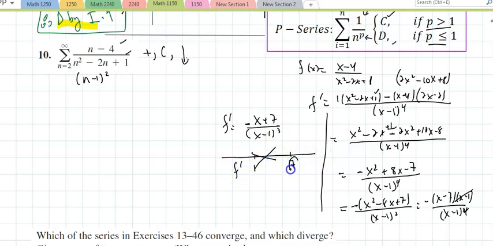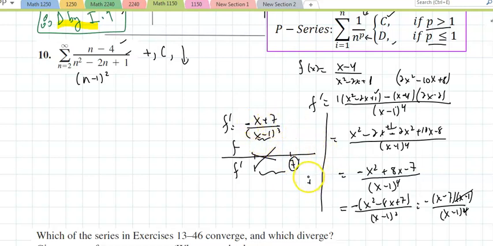I'm going to worry about 7. Reason for that, if from 7 to infinity this series converges, adding 6 terms to it is not going to make any difference. And if from 7 to infinity this series diverges, adding the first 6 terms is not going to make a difference. So how does that work? If I pick a point to the right of 7, let's say 8, that's positive.